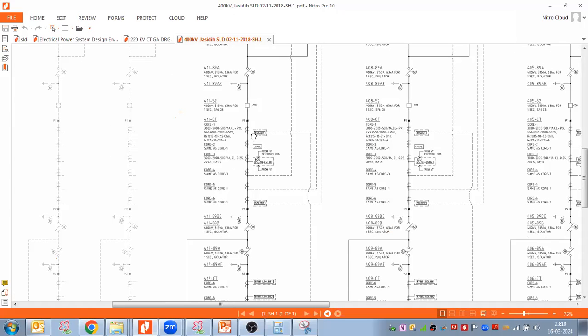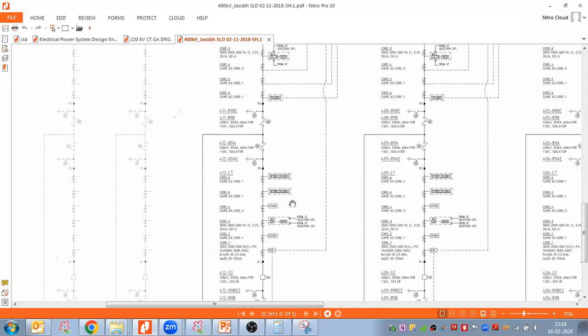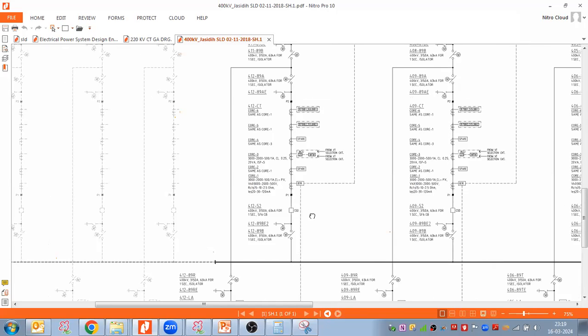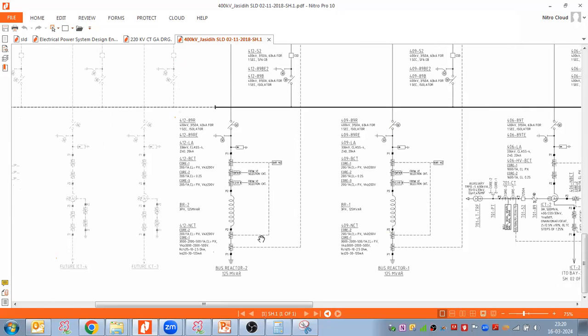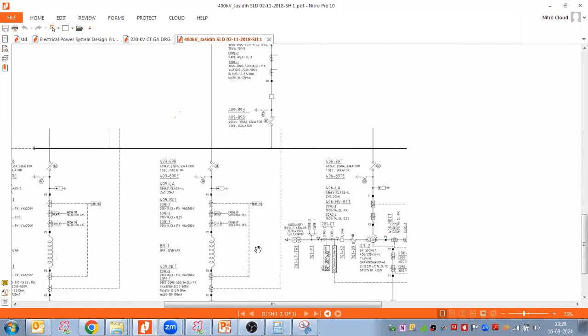P1 and P2 here for the tie bay, P1 is on the bus side and P2 is on the load side. And see, here is my reactor. Let me take a line bay.